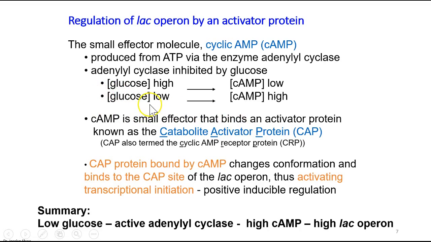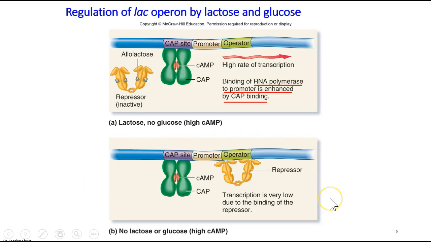When glucose level is low, the adenylate cyclase is not inhibited, the concentration of cAMP is high, and thus the CAP protein is activated. The CAP protein facilitates the RNA polymerase's binding to the promoter region of the lac operon, and in turn the expression of the lac operon will be increased.